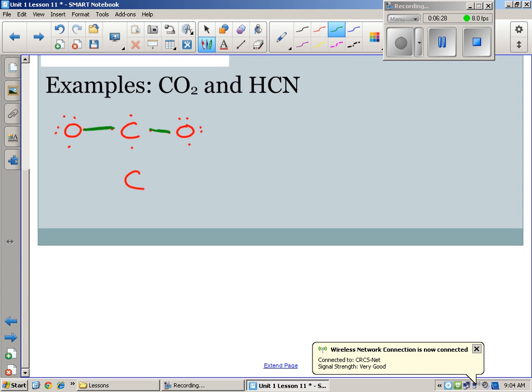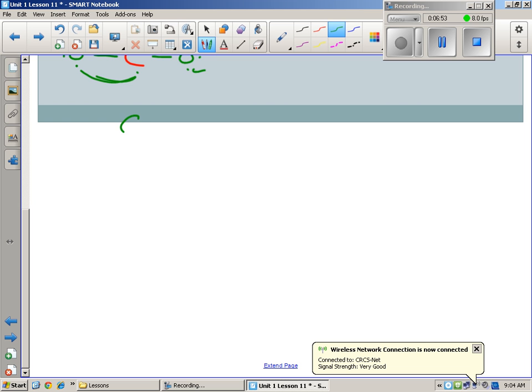Then we have some extra stuff to do. We've drawn this one before. We have to make sure we have an octet. We draw this, sharing these two here, and that one and that one there. We can hook these up and we get something that looks like this as your best diagram.